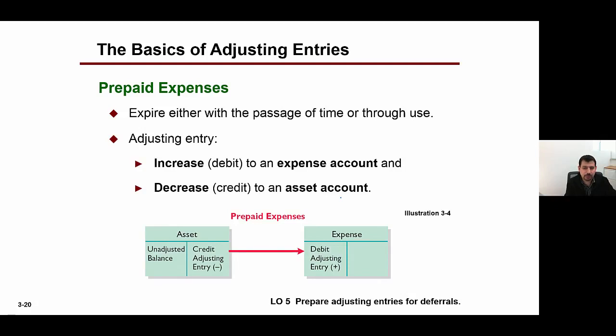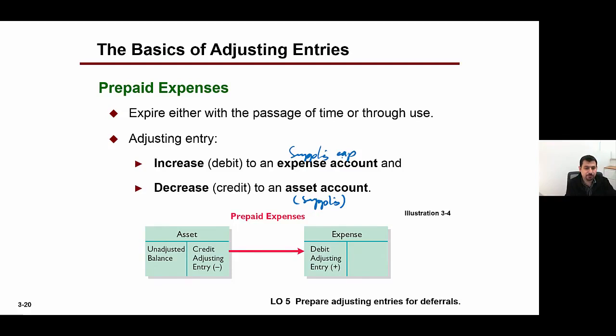So as we did before, in the adjusting entry, what we needed to do was to decrease the asset, in that case supplies, an asset account, and we increased an expense account, which was supplies expense.